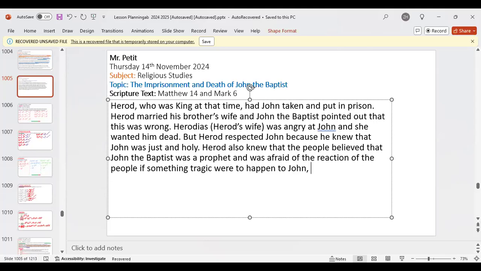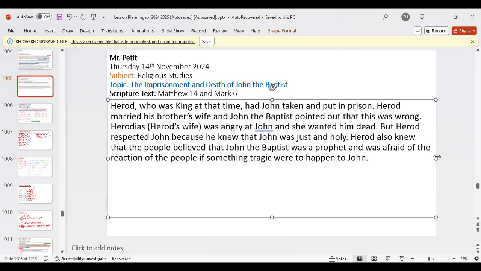So he did not kill him. He just decided to put him in prison.